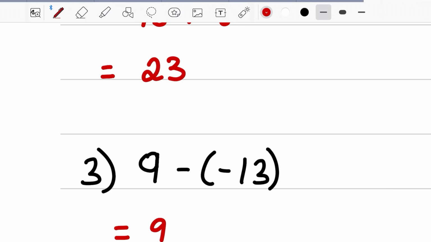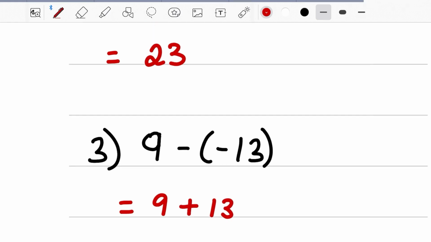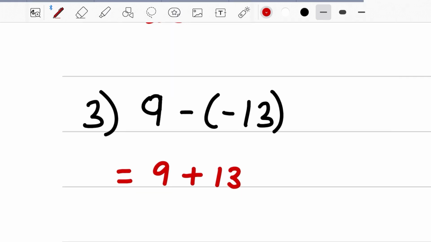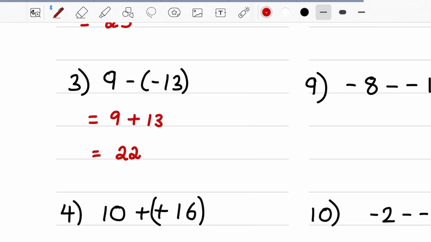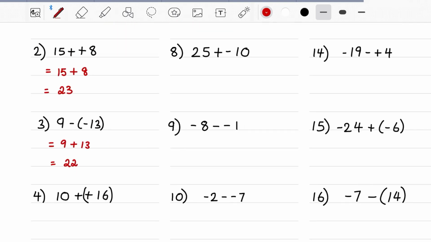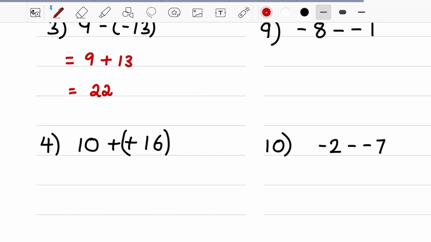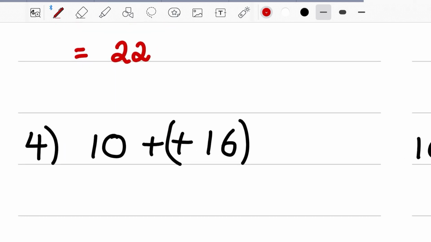Again, these signs are the same, so they evaluate to a plus, positive sign. So 9 plus 13 now is 22. In question 4, we have 10 plus plus 16. Again, signs are the same, so it simplifies to a plus sign in the middle. And 10 plus 16 is 26.